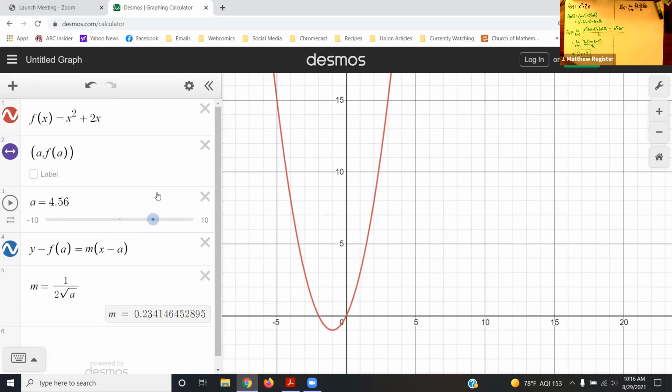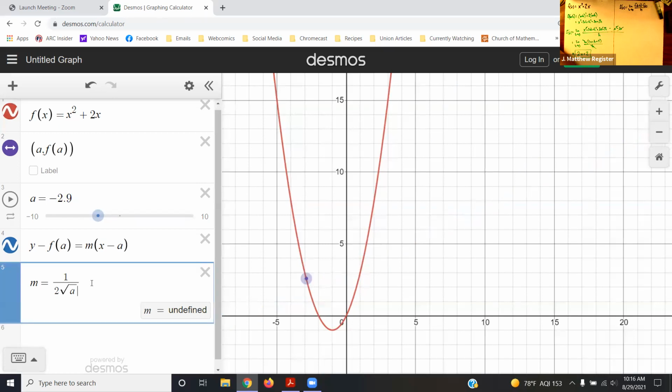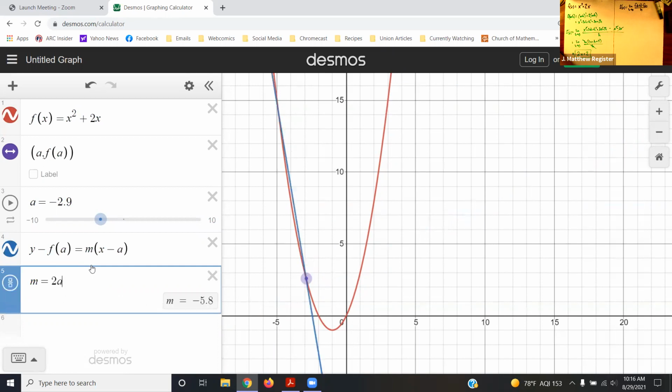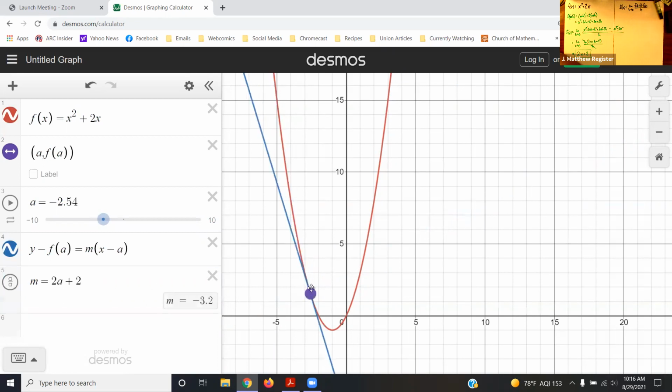We need an arbitrary point on this curve, which we have. So this is the point which is on this curve. We have this, which will give us the equation of a line. What we still need to deal with is we need to change our formula for our slope. And so our new slope formula is going to be given by 2a plus 2. And now, sure enough, no matter where we are on this curve, we're going to get the tangent line out of it.